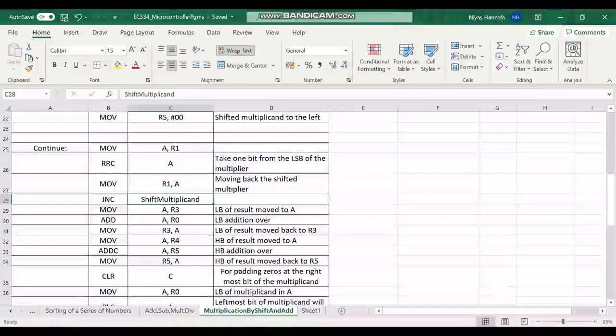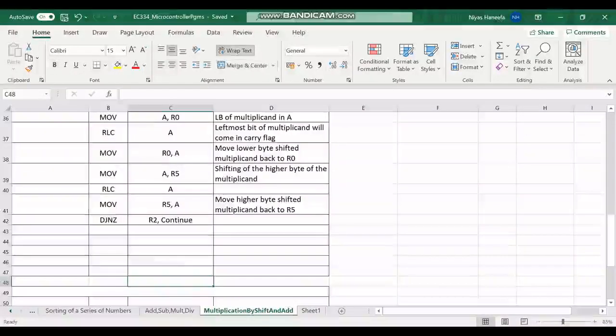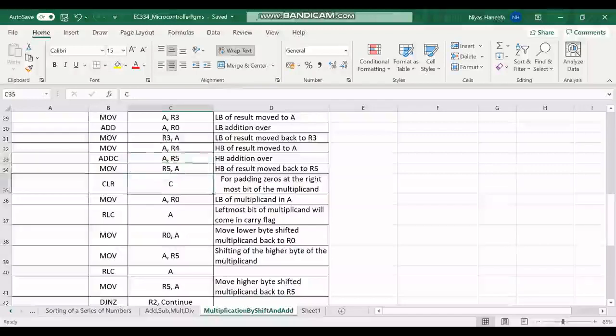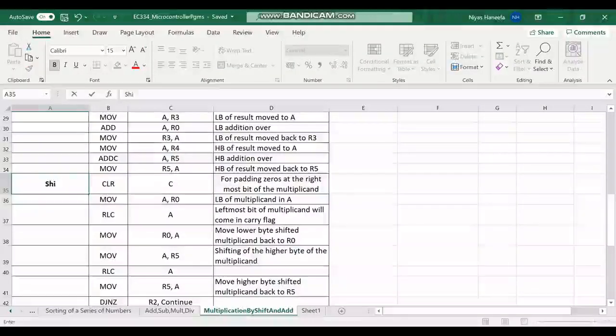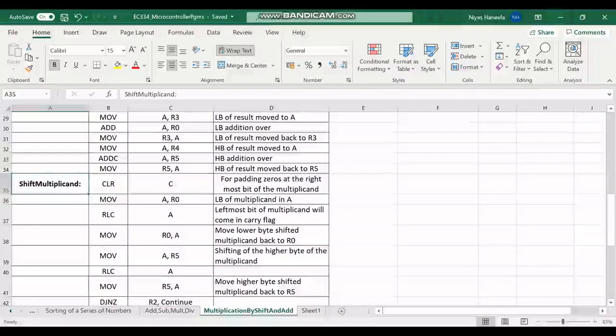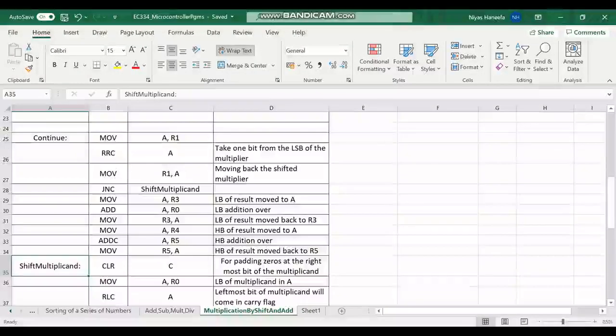Then if there is no carry, you have to only shift the multiplicand. So where does that shifting multiplicand label come? Here. So shifting multiplicand comes here. If there is a carry, that means the corresponding bit we are seeing is 1.